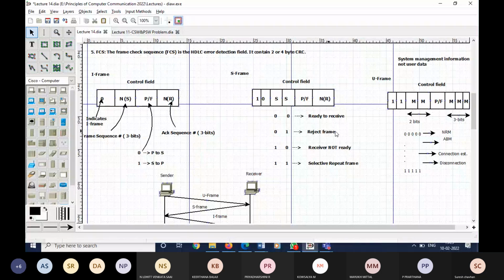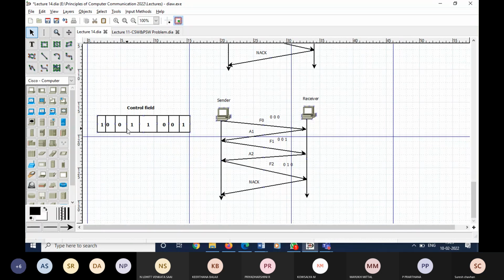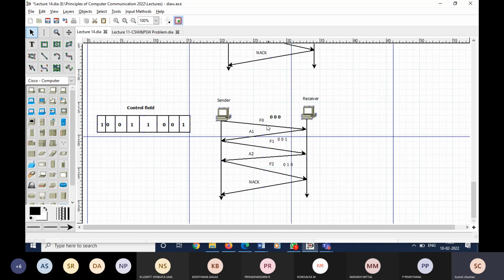Reset the frame. So 0 1, I have sent the reset frame. And this 0 0 1 again indicates that the receiver has received the 0th frame successfully, and it is waiting for the next frame, expecting frame 1.